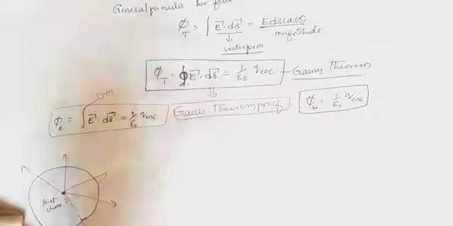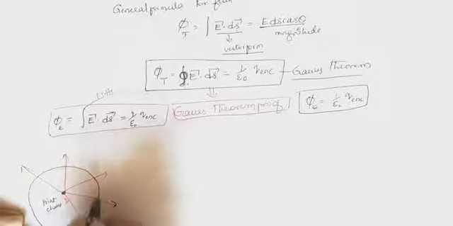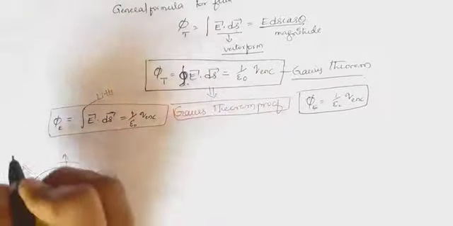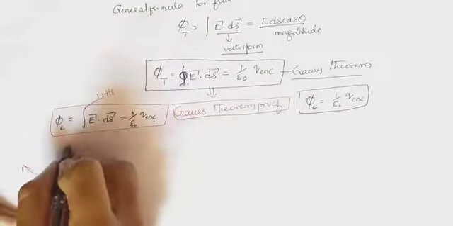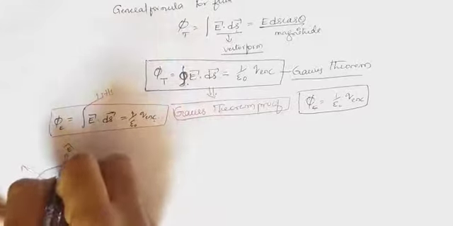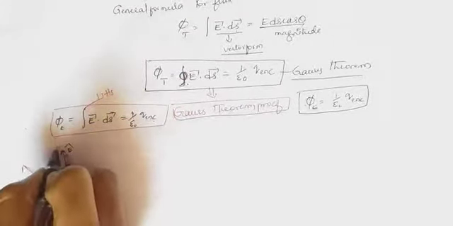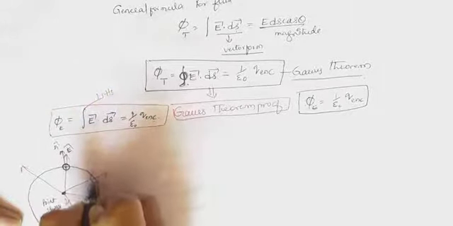Now this sphere is placed inside the field. This is the electric field direction. Here I have a small area of the sphere, and the normal to this small area gives the area vector.